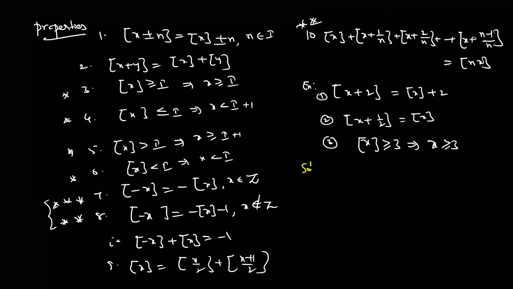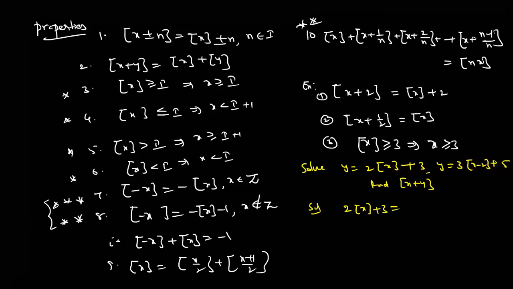Here, students, now I'm giving a problem to solve. y is equal to 2 into integral part of x plus 3. y is equal to 3 into integral part of x minus 2 plus 5. Then find integral part of x plus y. Dear students, see, I'm writing step. Both are equal. Am I correct? So 2 into integral part of x plus 3 is equal to, how to write? 3 into integral part of x minus 2 plus 5.